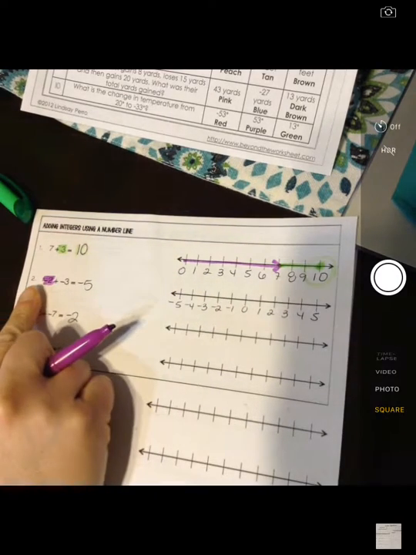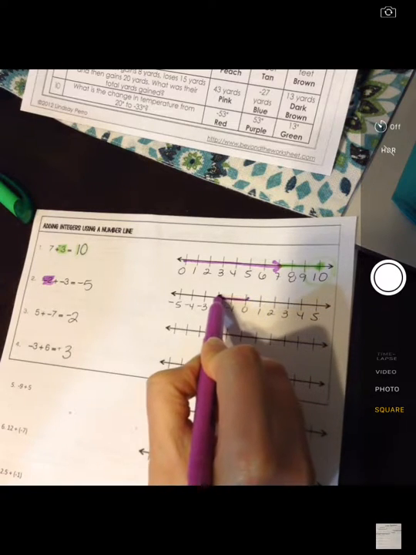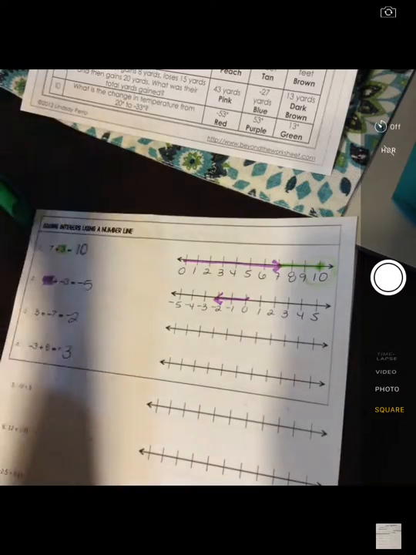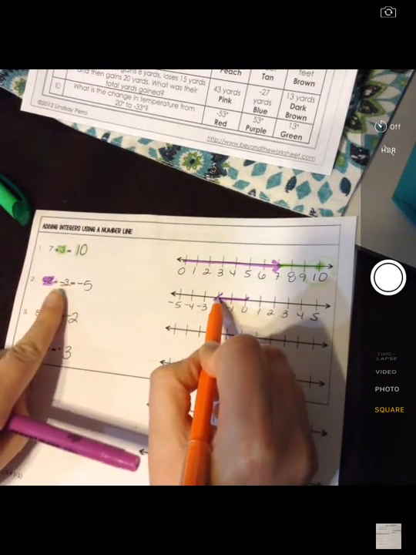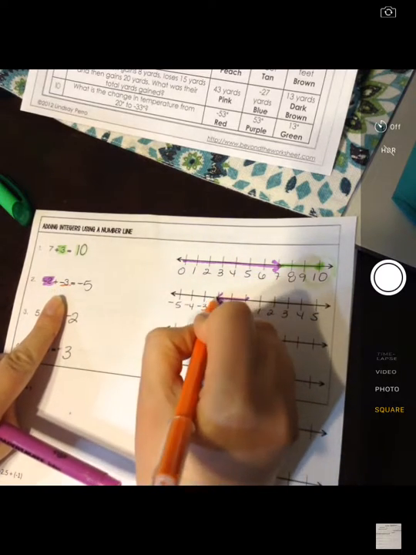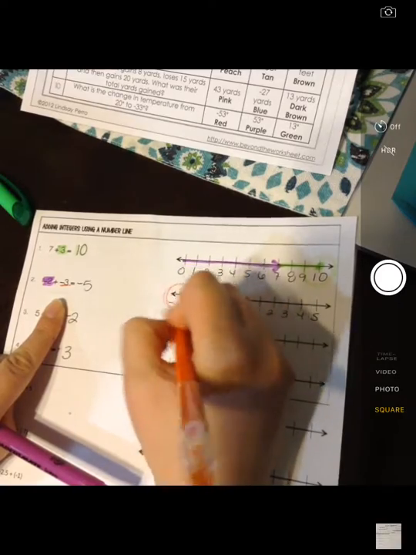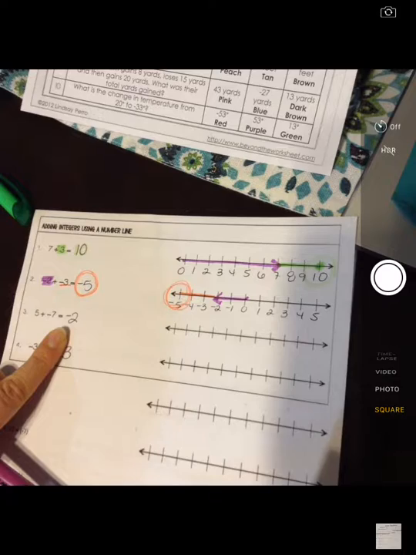First one shows we need to go from 0 to negative 2. And then the next piece shows from here I have to still move down 3 more units. So 1, 2, 3. So I end up at negative 5, which was our answer.